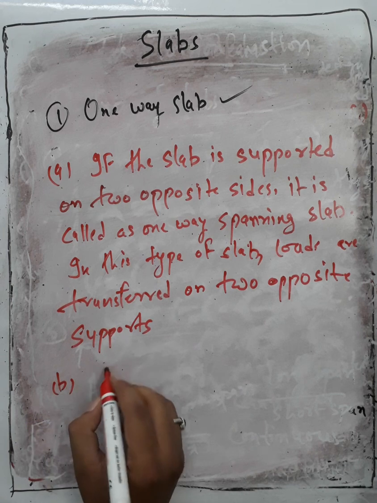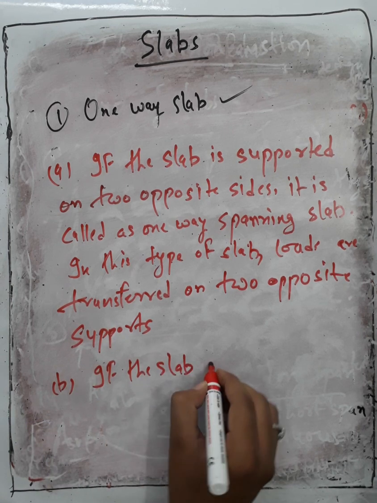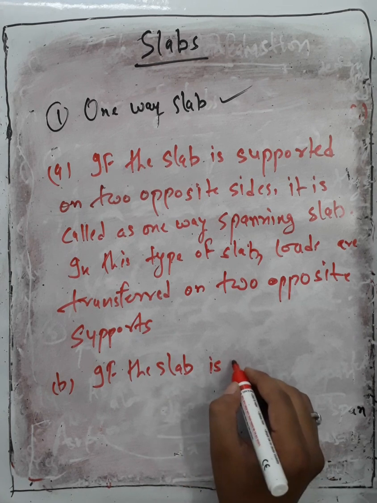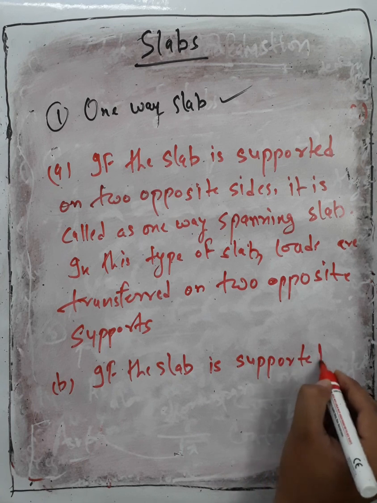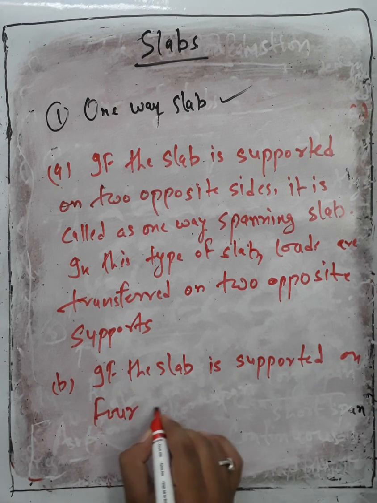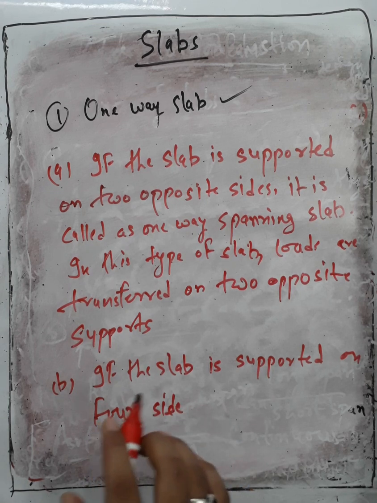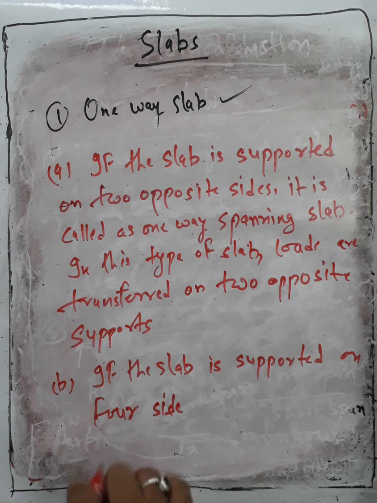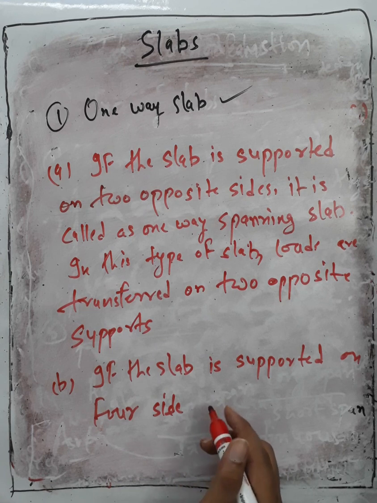Second point, if the slab is supported on four sides, sometimes what happens is, how do you find whether it is a one way slab or a two way slab? In that case you have to check the aspect ratio.